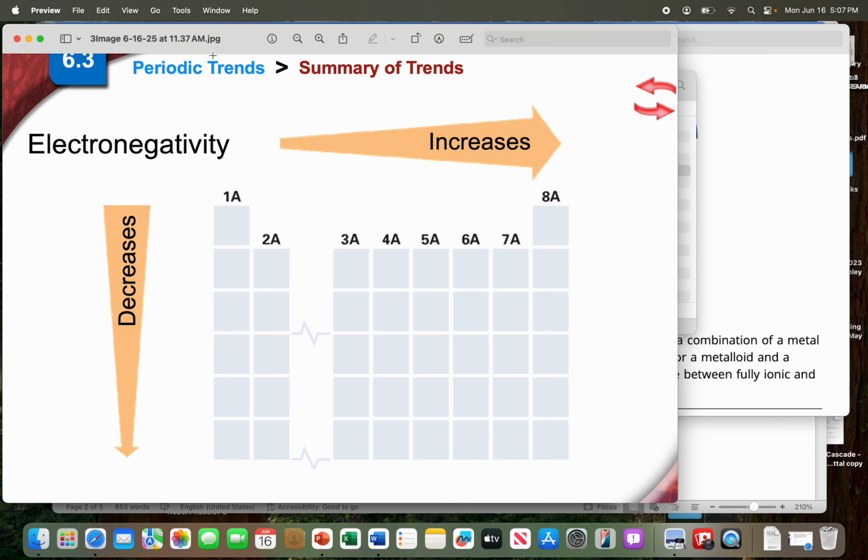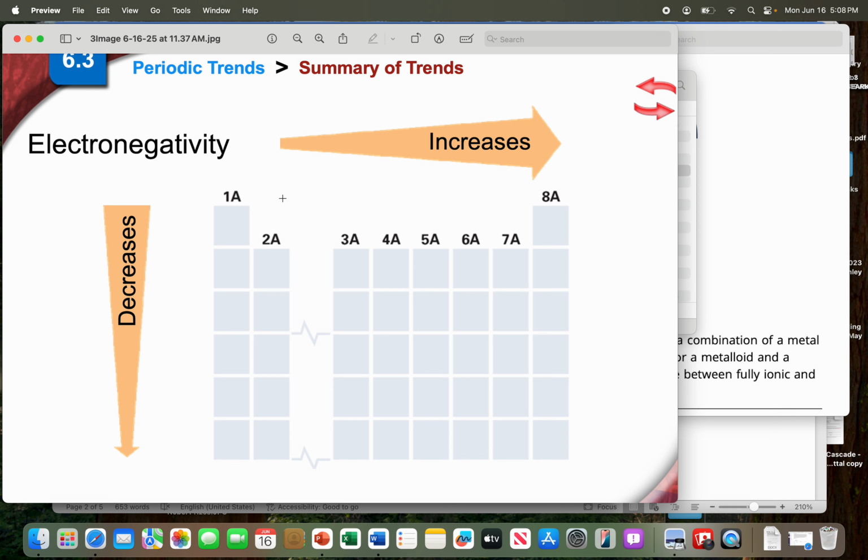And you can keep these arrows and, for example, just change the word increase to decrease. Or you can keep this arrow and change the word decrease to increase, or you can flip the arrow upside down so it points upward and change the word to increase.